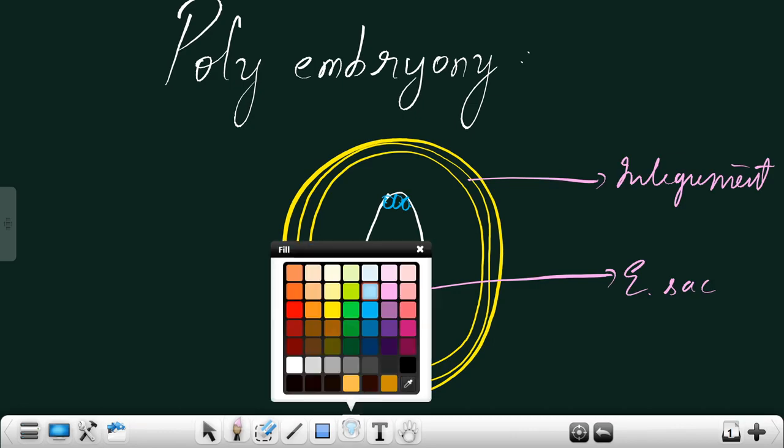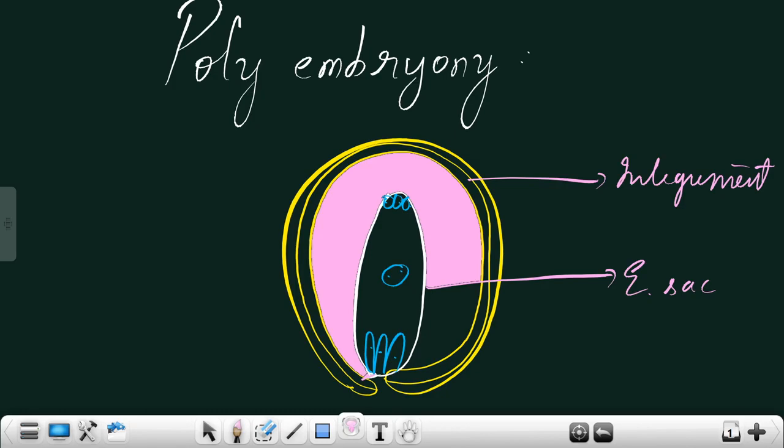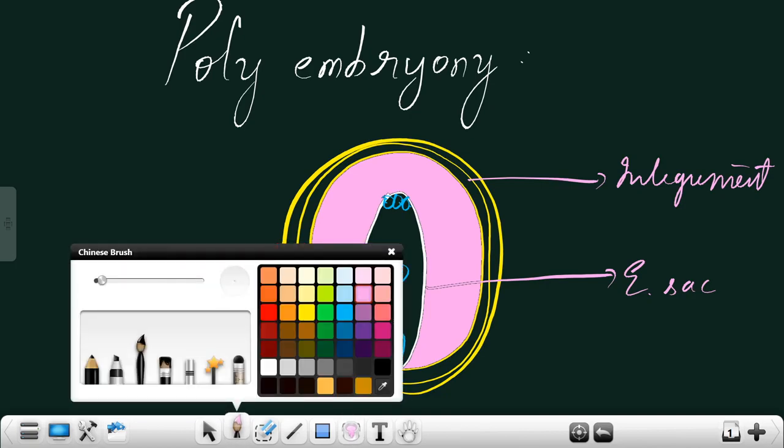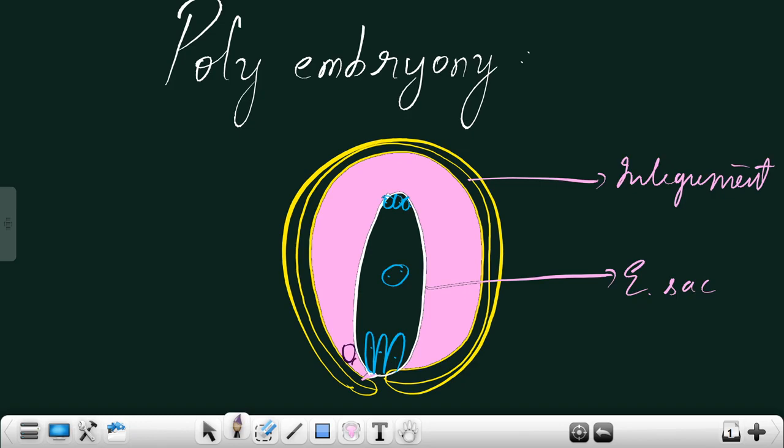Which is that region? The region between the embryo sac and the integument is the nucellus. I have highlighted it in pink color. That is the nucellus. Now I am going to draw the nucellar cells, homogeneously, compactly arranged cells.